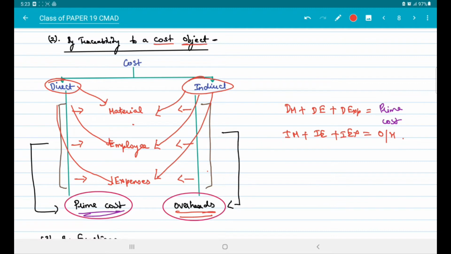You should give this example also, telling what is what. And you should know that direct material plus direct employee plus direct expenses is prime cost. Indirect material plus indirect employee plus indirect expenses is overheads.